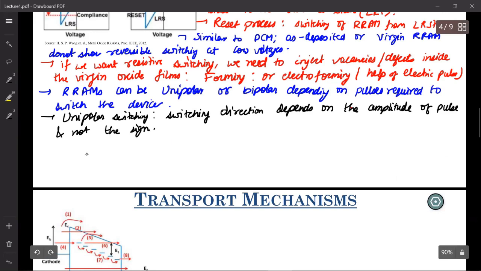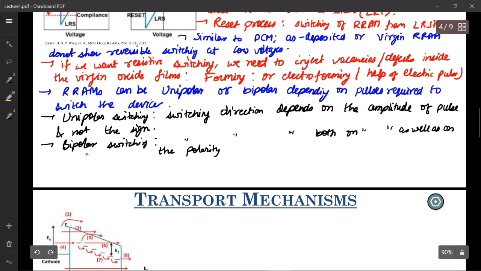However, if you talk about bipolar switching, the switching direction depends both on the amplitude as well as on the sign or polarity.